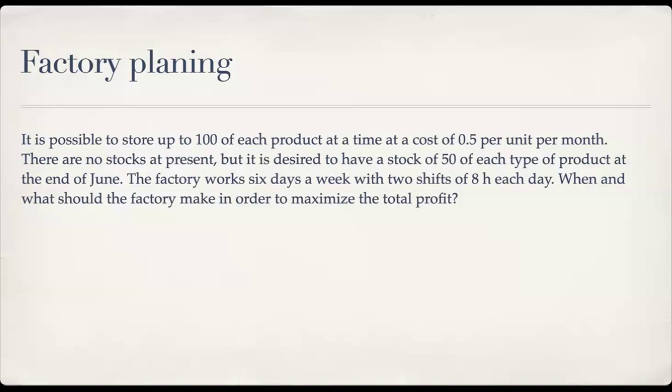And there is a cost to store the product, 0.5 per unit per month. In the first month, there is no stock. But it is decided to have a stock of each type of product, 50 units, at the end of June.